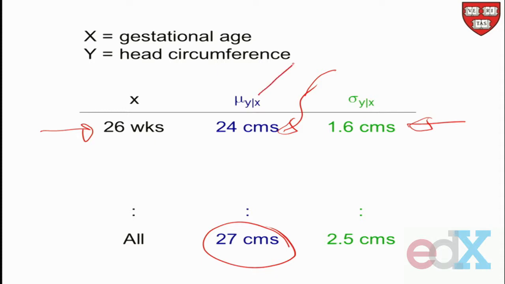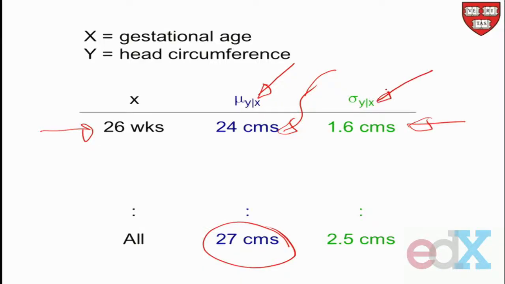Mu, with a subscript of y given x, because we know x. This is the mean of the y's for a given x. We know x is 26 weeks, and the standard deviation is 1.6 centimeters. Contrast that to the overall standard deviation of 2.5 centimeters. It's smaller.